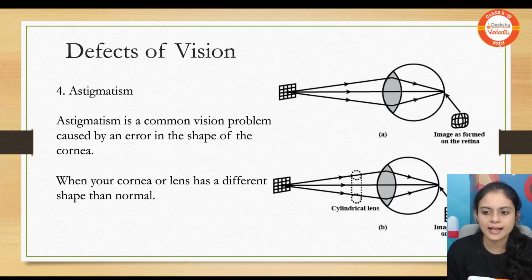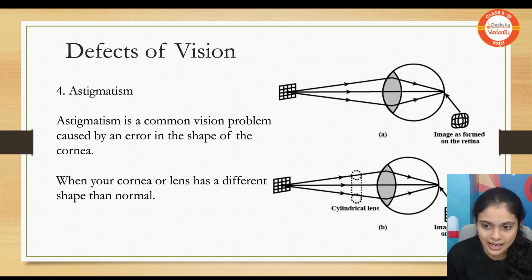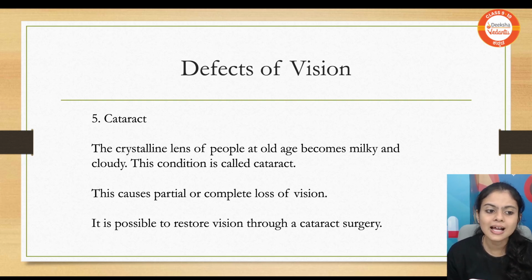Moving forward, astigmatism. What is astigmatism? A common vision problem where you cannot see a grid properly. You can see in the image, the grid will be somewhat distorted in shape. We use a cylindrical lens to correct this defect. The last but not the least defect is cataract.